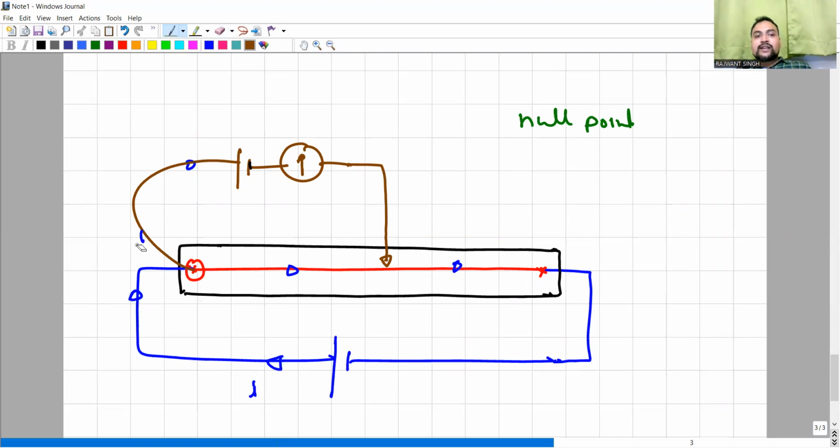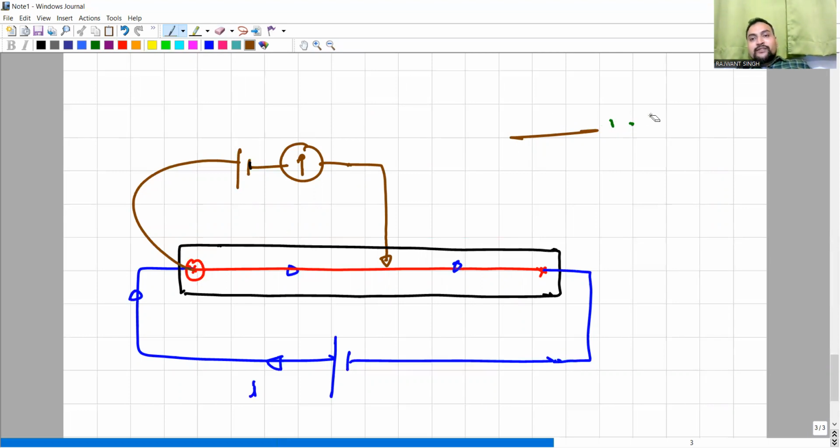Then you can conclude that there is no current flowing along this line, I is equal to 0. So this is your null point: no current flows through this circuit and the ammeter reading becomes 0.